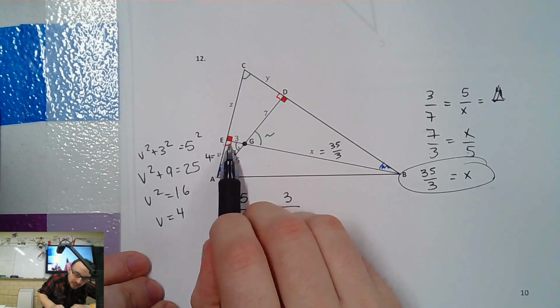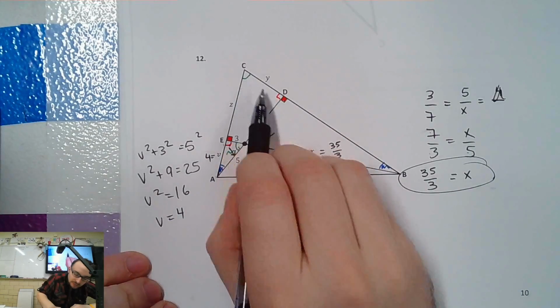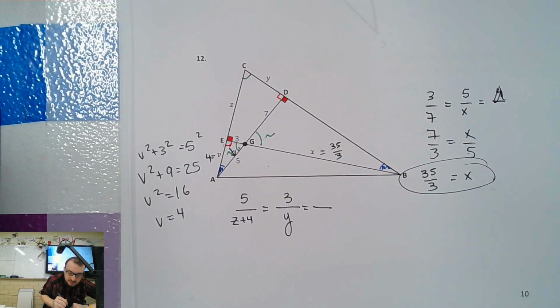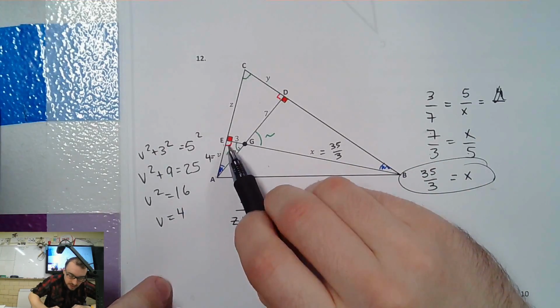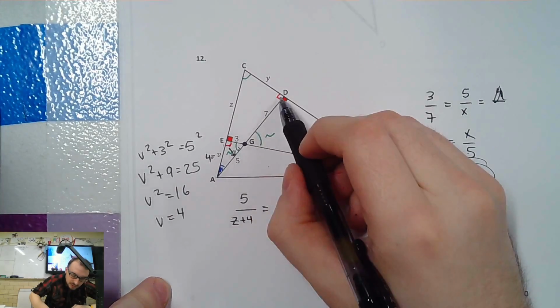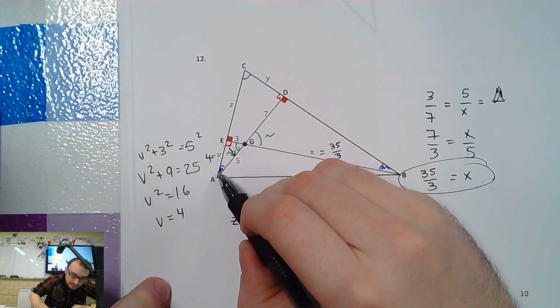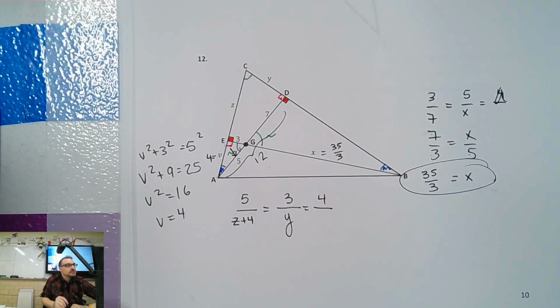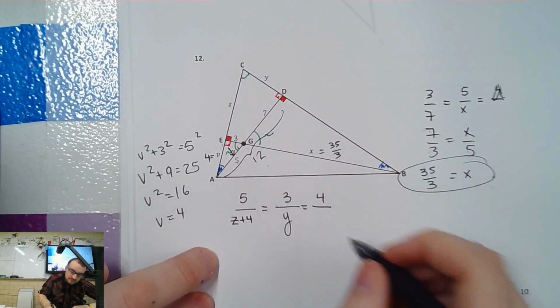What about between red and blue? Well, that's 4. Between red and blue on this triangle is what? 12. Do you see it?